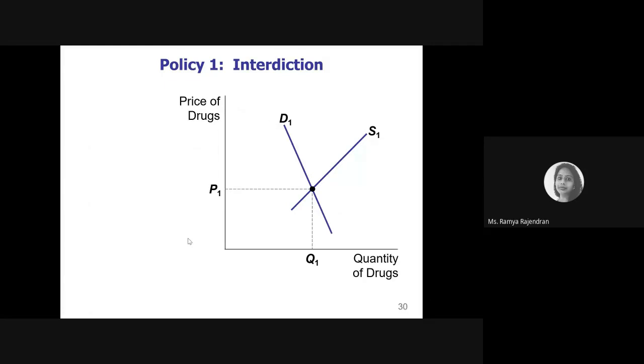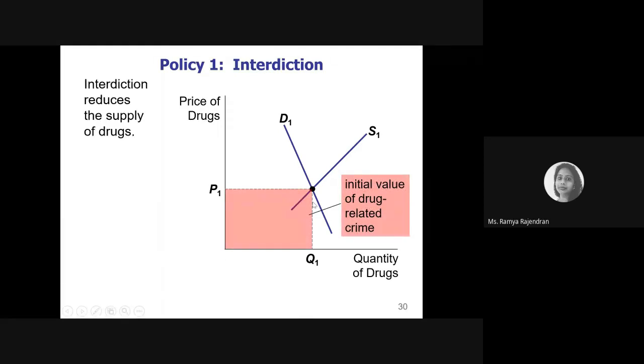You'll be thinking it is an elastic curve. We have quantity of drugs on the x-axis and price on the y-axis, so we have the demand and supply curves. They intersect at the equilibrium point of P1 and Q1. This is the initial level of drug crime right now, and this prohibition reduces the supply of drugs, which makes the curve shift to the left.